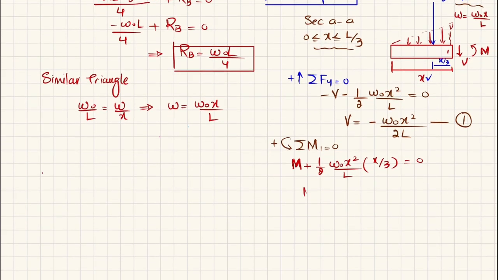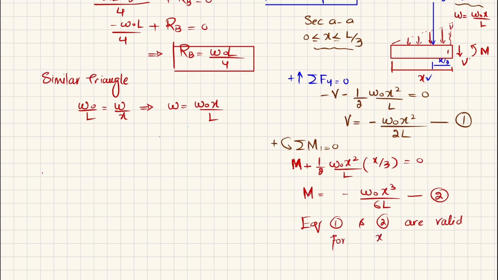So from here this moment will be equal to minus W naught X cube over 6L. Let this be your equation number 2. Now these equations 1 and 2 are valid for the region x greater than or equal to 0 and less than or equal to L by 3.